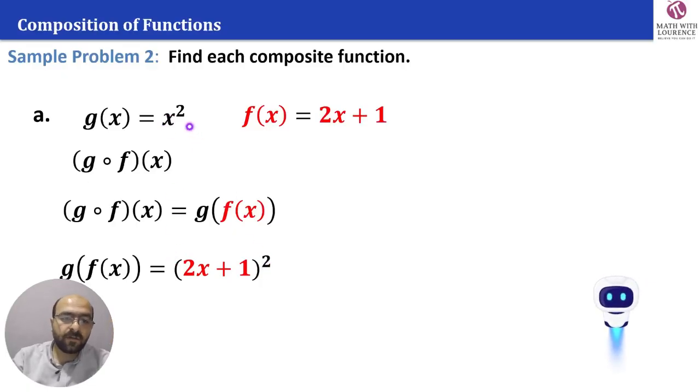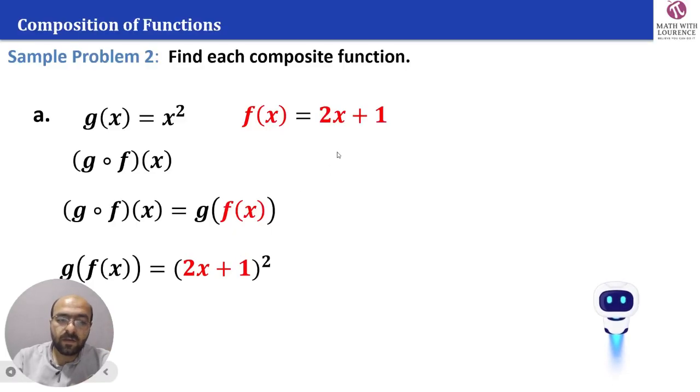So I will write something squared. What will I write inside this bracket? I will write all of f of x. What is f of x? f of x is 2x plus 1. So I remove x and write 2x plus 1 inside the bracket. That's good, excellent.